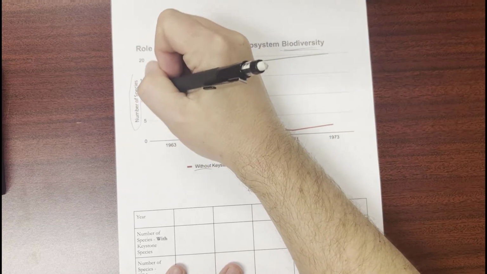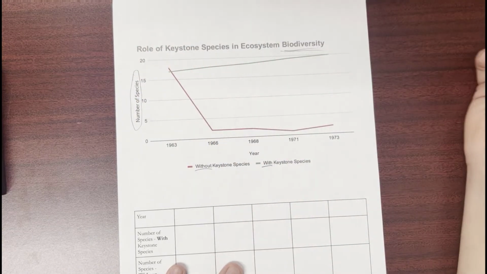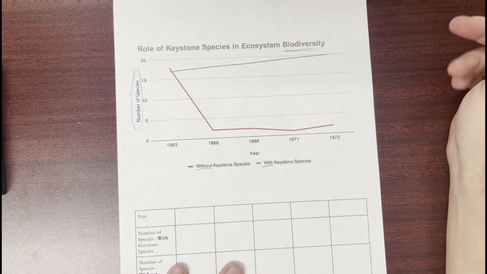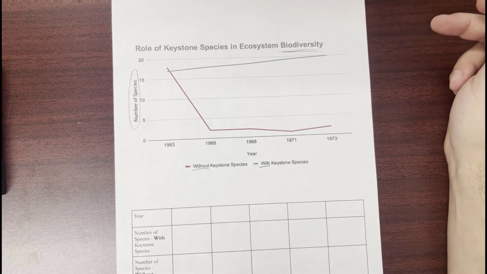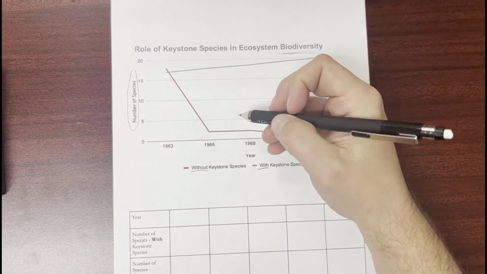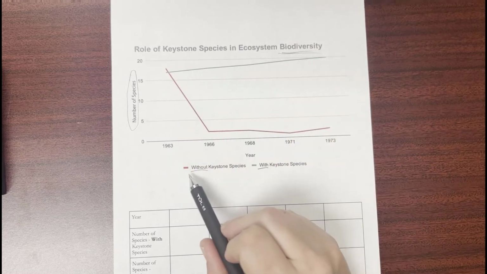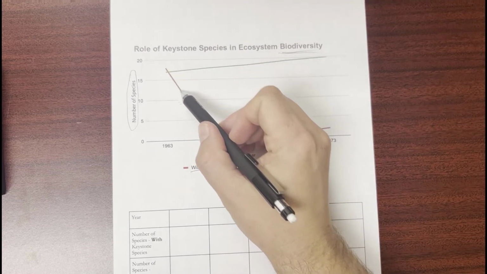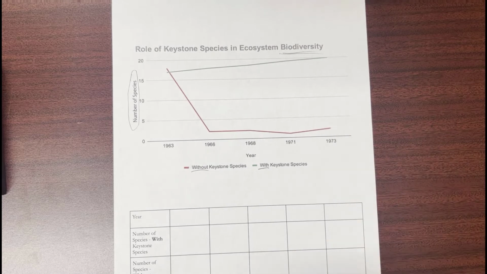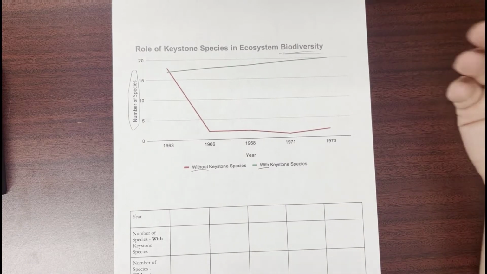And this is the number of species from 0 to 20. And we have 1, 2, 3, 4, 5 years that are marked on there. And it's showing you something that we talked about earlier in the unit, which is without keystone species, the number of species drops really low and usually becomes dominated by one or just a couple species.